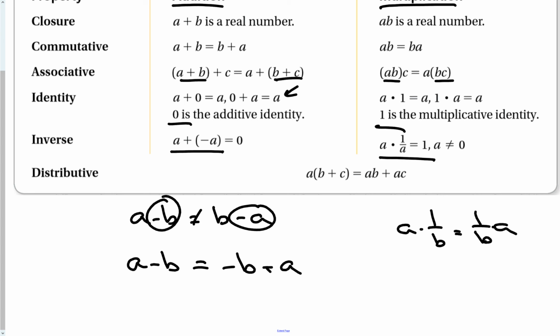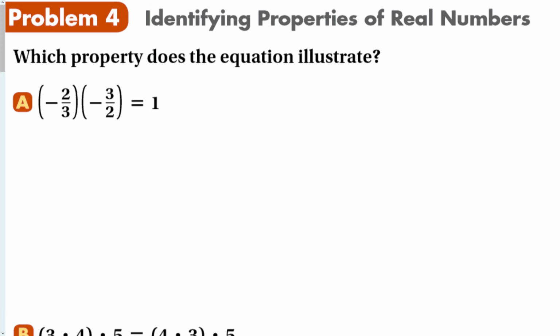And our last property, the distributive property, in this case it's multiplication over addition, right? We just take this a and we multiply it to both of those two to give me my expression. All right, so let's see if we can look at something and say what property it represents. I have two things.